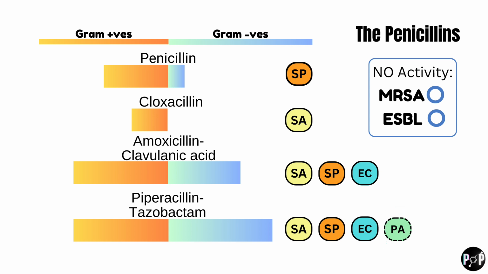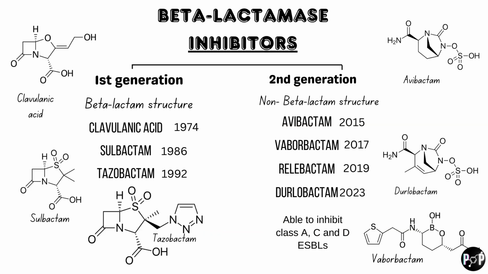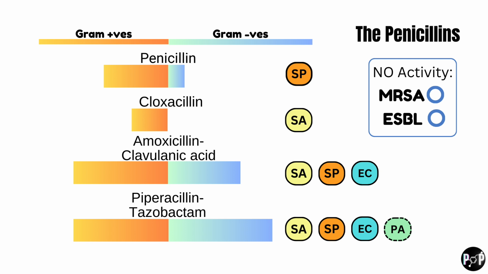So, although pip-taz is a big gun antibiotic combination, neither it nor any of the other penicillins have activity against MRSA, and the first-generation beta-lactamase inhibitors only have partial activity against ESBL, which is extended-spectrum beta-lactamase, and this will be a topic for another video.